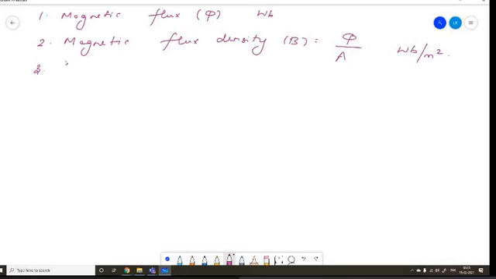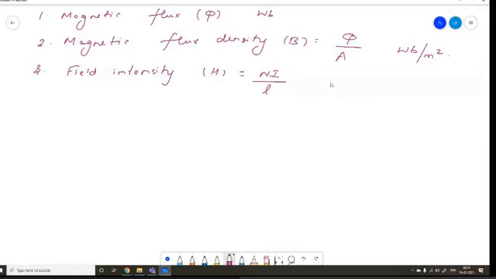Third, it is the field intensity or field strength. Magnetic field intensity or field strength, which is denoted by H, is equal to Ni by L. So what is N?